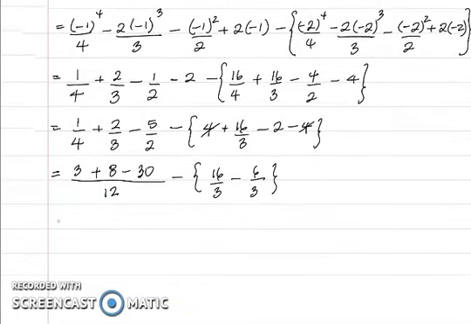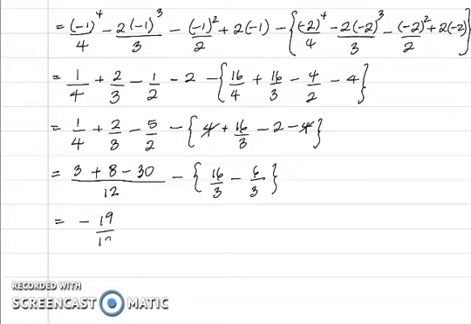So what I have here is 19 over 12 minus, and inside the bracket, I'm going to have 10 over 3. So this is the same as, using LCM 12, 12 into 12 is 1, 1 times -19 is -19.